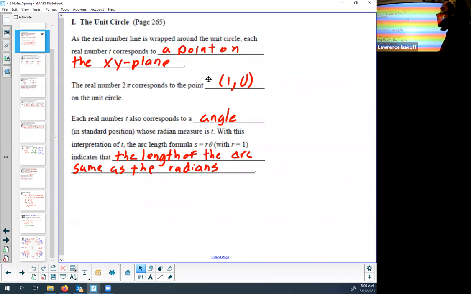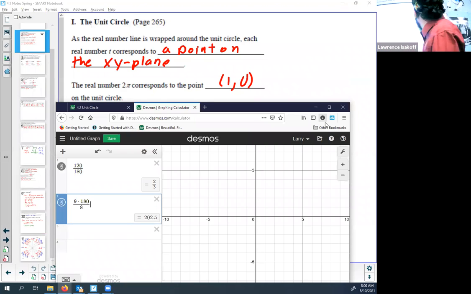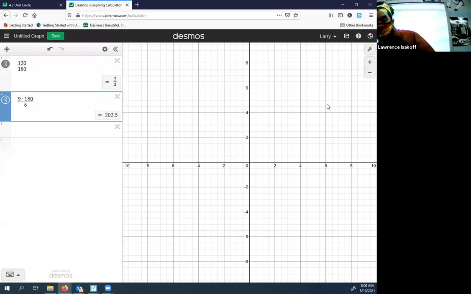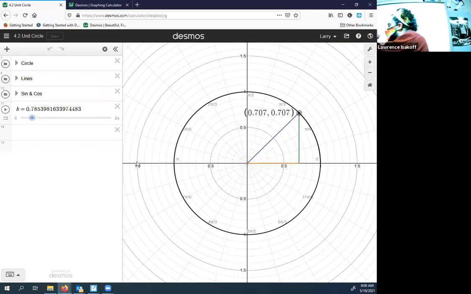As the real numbers on the number line wrap around the unit circle, each point corresponds to a point on the XY plane. So actually, let's look at the unit circle before all this. So here's what's happening here. This is the unit circle.